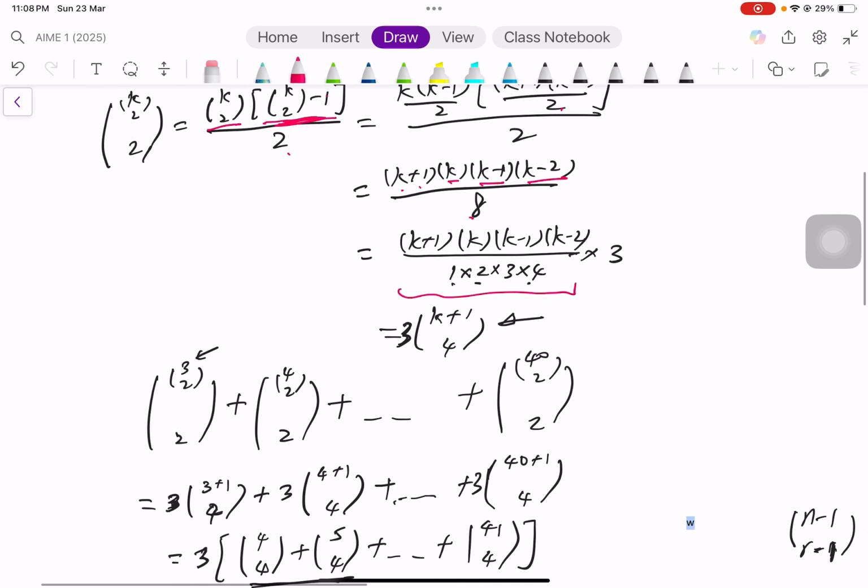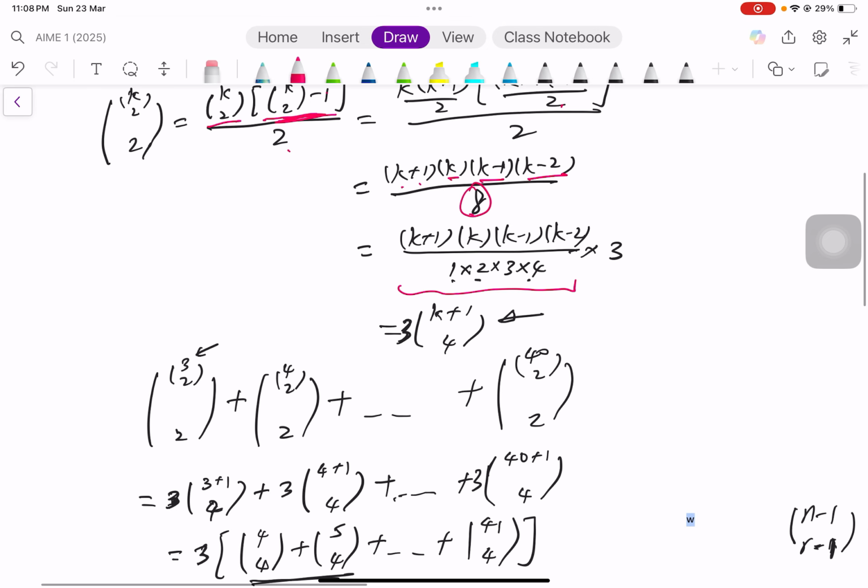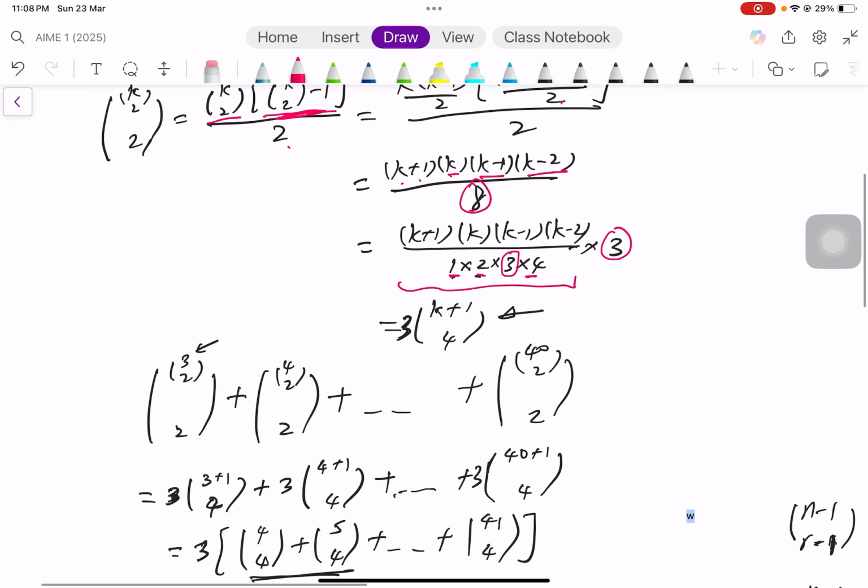Then you can see that 8 is actually 1 times 2 times 4. Therefore, I introduce a 3 and multiply by 3 to counterbalance. And this expression is actually (k plus 1)C4.